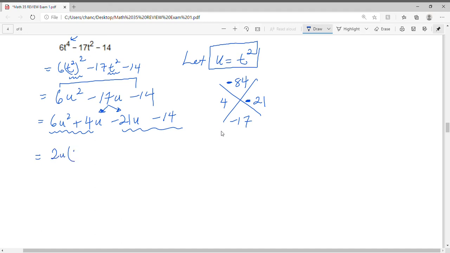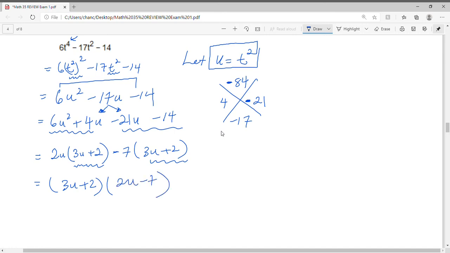That leaves us 3u plus 2 left over. And now I'll take out a negative 7, and that leaves us 3u plus 2 left over. Again, be careful when you factor the second part. You want to make sure these two are the same, and we know we did it right. This factors as 3u plus 2 times 2u minus 7.